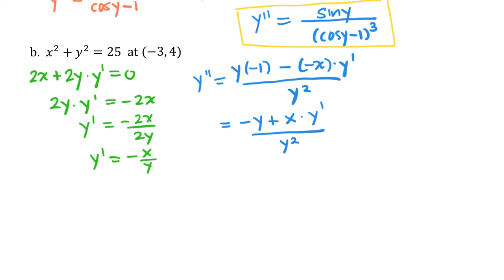Okay, let me look at this. Can I simplify it? Not really. Okay, I think that time has come. I'm going to change the y prime into this expression right here, and then see if I can simplify it once it's all in terms of x and y. Plus x, so instead of y prime, I'm going to put times negative x over y.